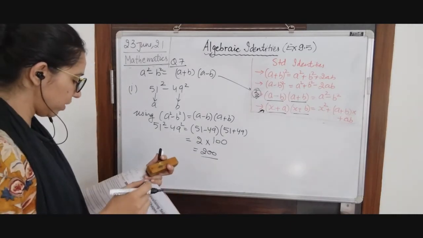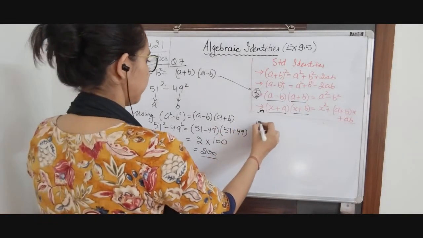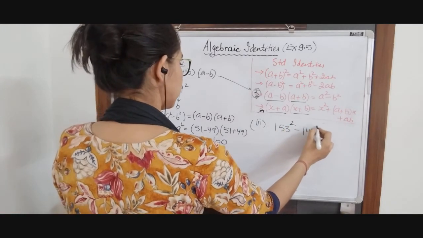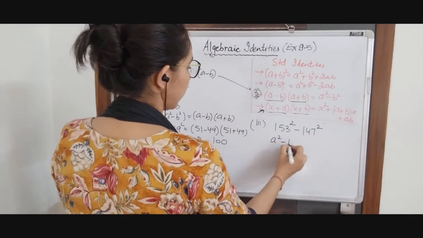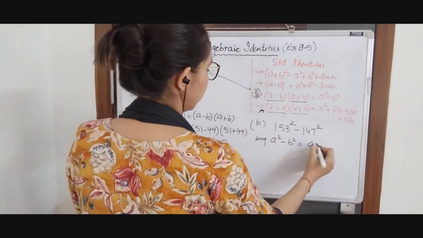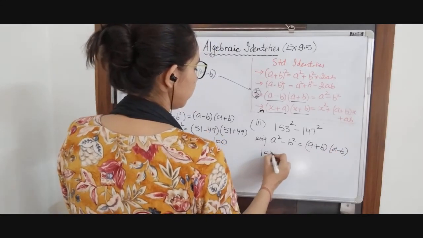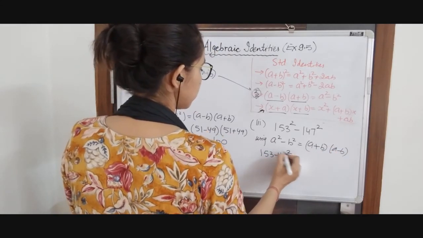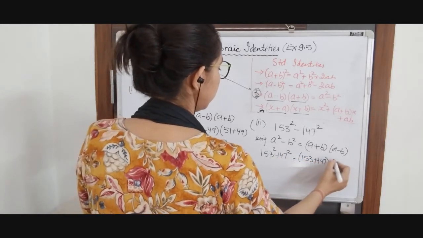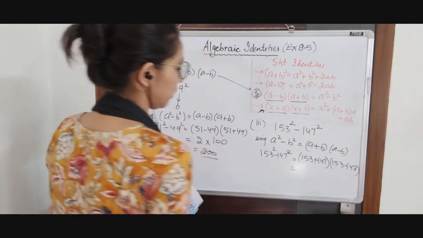Similarly, in part B we have numbers and decimals. First we are going to do the third part. In the third part we have 153 square minus 147 square. So using a square minus b square, which is a plus b and a minus b, it will be equal to 153 plus 147 into 153 minus 147, probably the easiest question in the exercise.